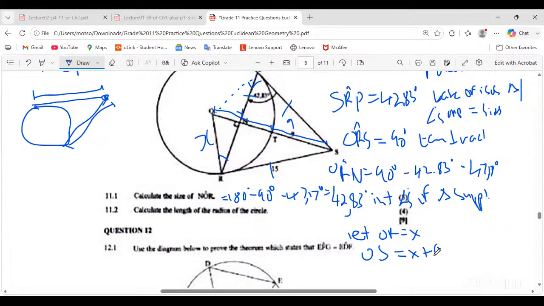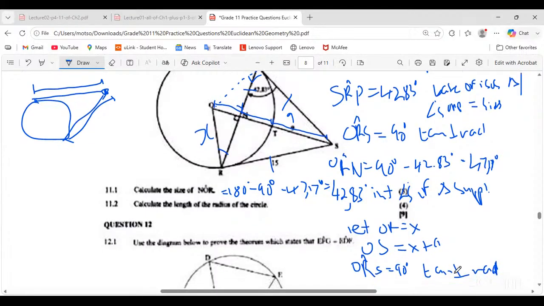Angle ORS is equal to 90 degrees. ORS, we know that. ORS is equal to 90 degrees. We said the reason is tangent is perpendicular to the radius. All right? Yes. Now, what are we going to do?